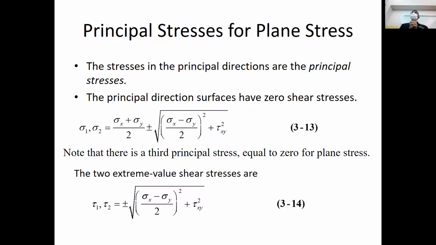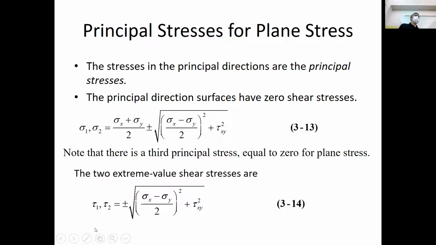And when I take the derivative, I'm maximizing or minimizing. So that's why there is a sigma 1 major stress and a sigma 2 minor stress. And the difference between them is going from plus to minus. Also, there are 2 maximum shear stresses, tau 1 and tau 2.